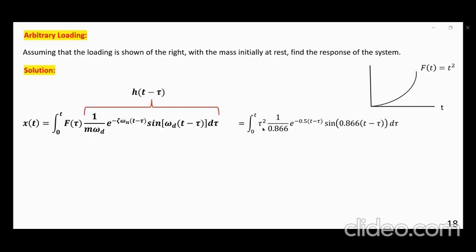And this is an ugly integral. There's a tau squared here, there's an exponential in tau, and there's sine of tau, etc. Now, it's a disaster. If you go back to your second calculus class, you didn't like it, but you did things like this.